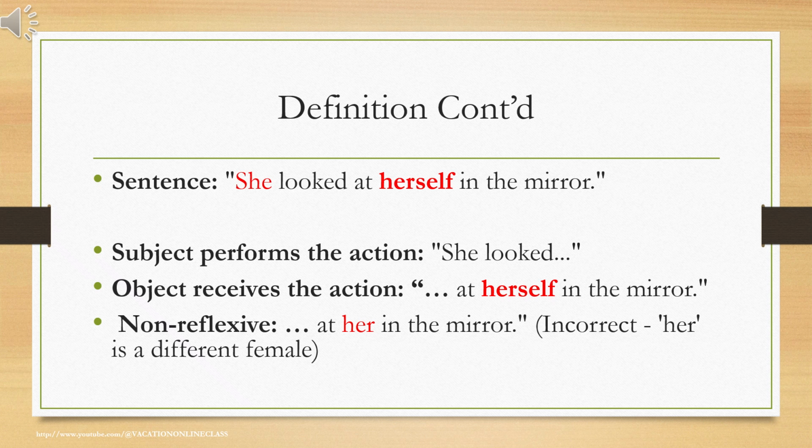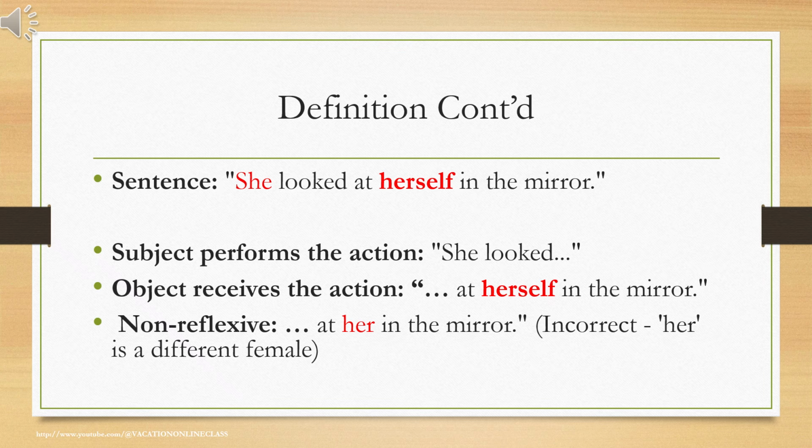When someone says she looked at her in the mirror, in the context of reflexive pronouns, it is incorrect. However, it means something else. If it's a reflexive pronoun, then we could say that Sandra looked at Sandra in the mirror.